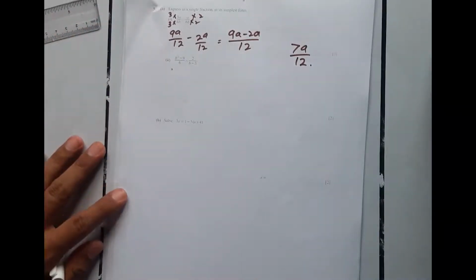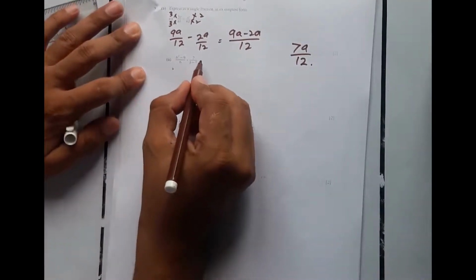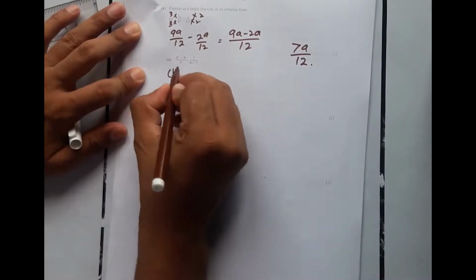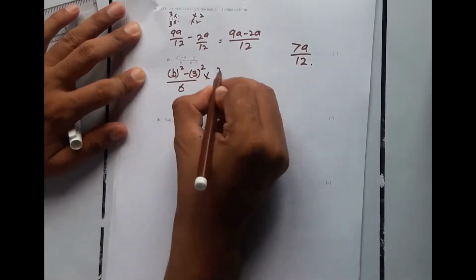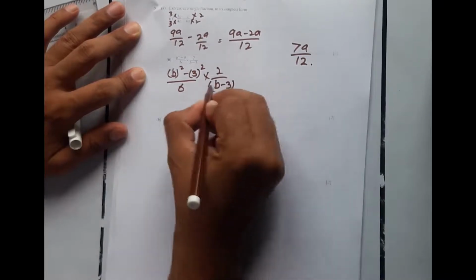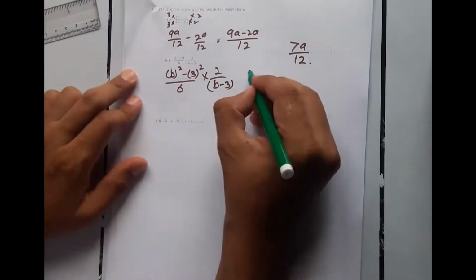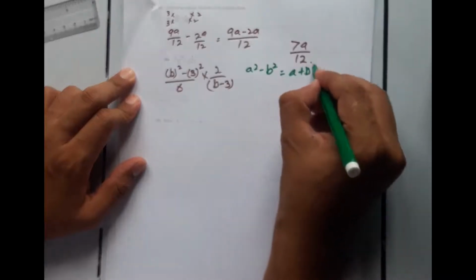Now we have the second part: (b square minus 9) over 6 into 2 over (b minus 3). If you look at the question, this is b square, and we can write 9 as 3 square. This b minus 3 hints that you can use the third identity, the difference of squares: a square minus b square is equal to (a plus b) into (a minus b).